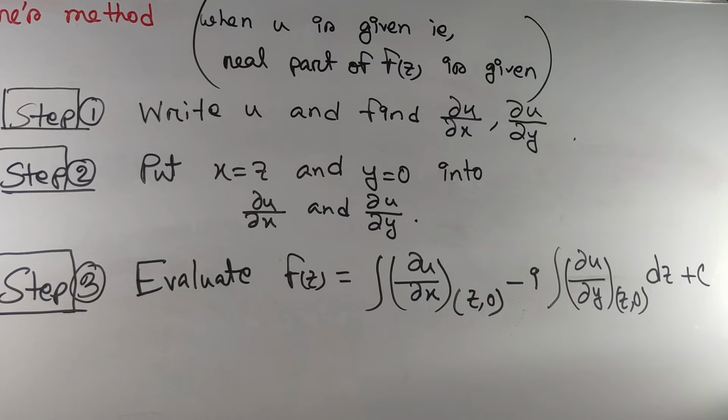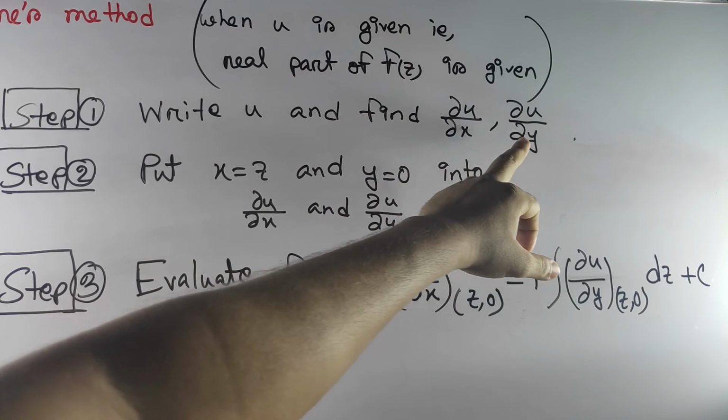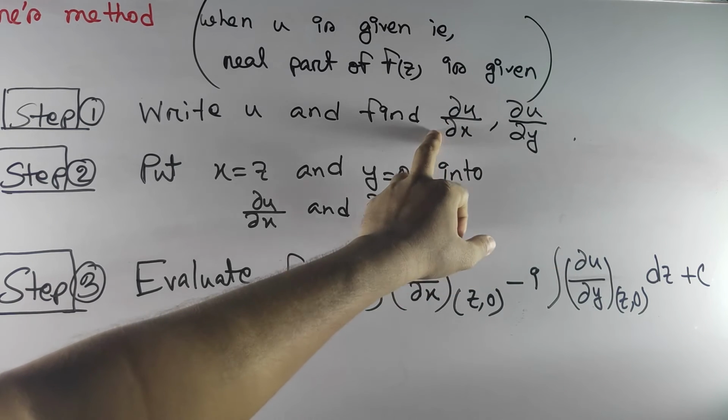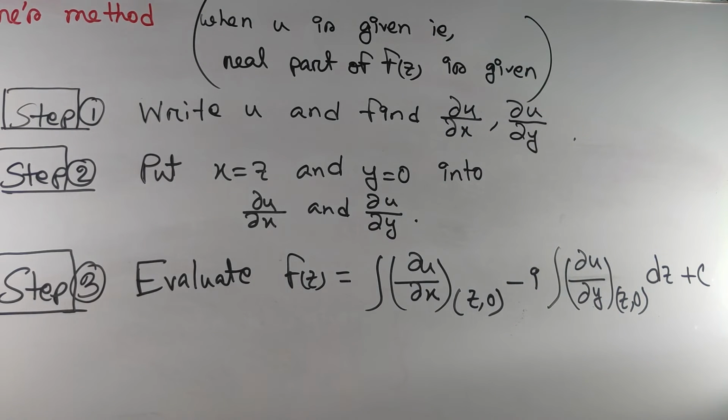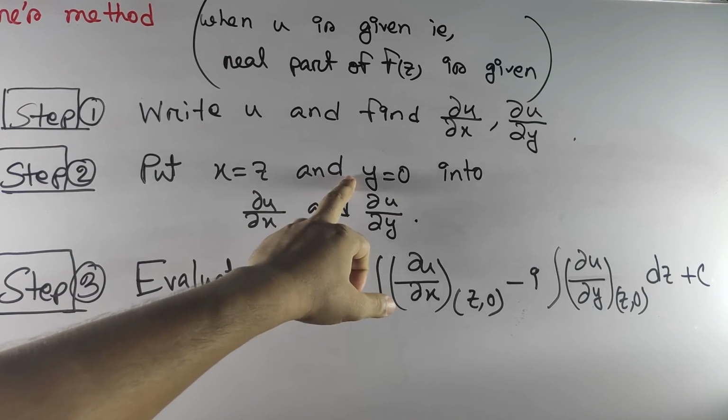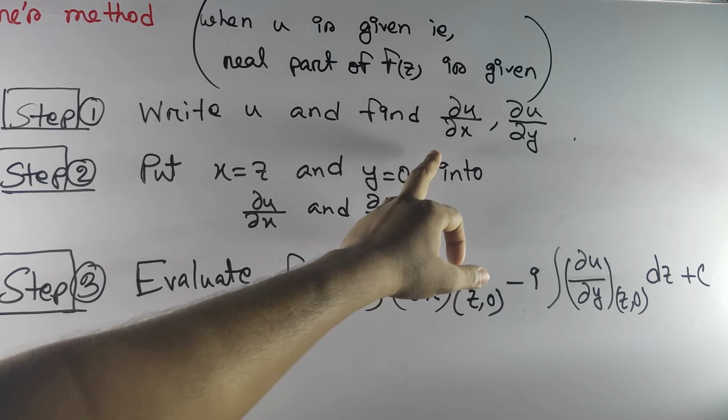So when u is given, our first step will be to write u and find del u del x and del u del y. Then we'll put x equal z and y equal 0 in these.